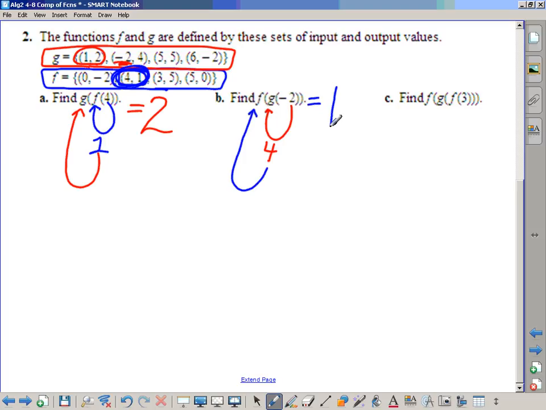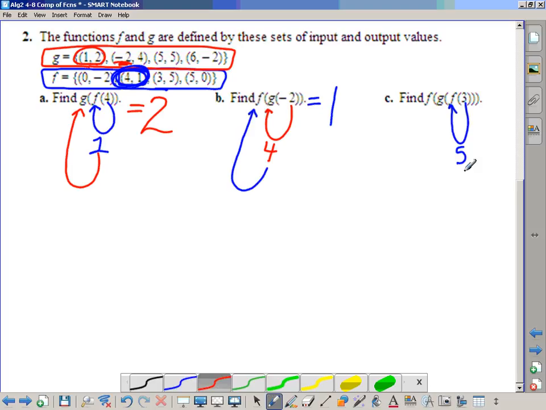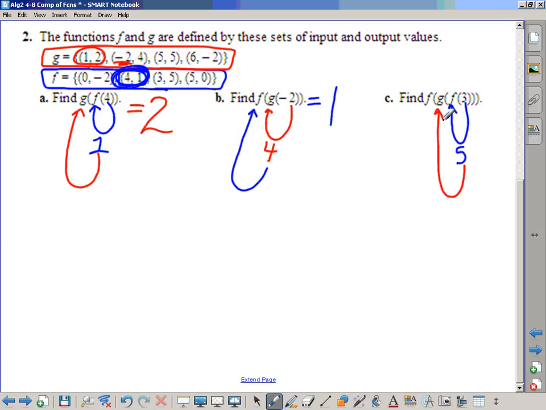Part C has you bouncing back and forth 3 times. Start with blue, and you take 3 and look it up in the f list. When x is 3, y is 5. That 5 becomes your new input in g's equation. When 5 is the input in the g list, look at the red list, the output is 5. So that's our new output.